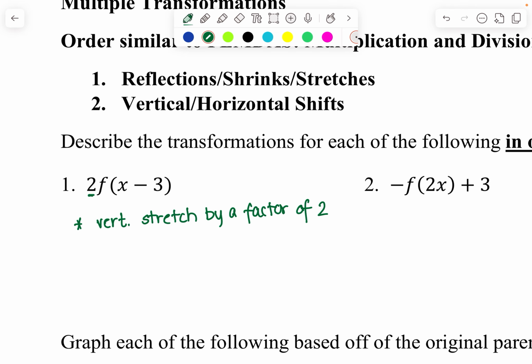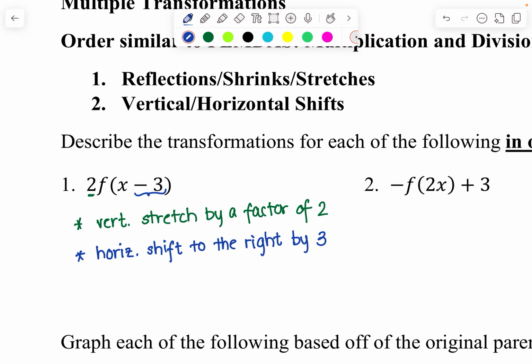The second is a horizontal shift. Remember, we do the opposite direction of the sign. Horizontal shift to the right, not the left, to the right by 3.